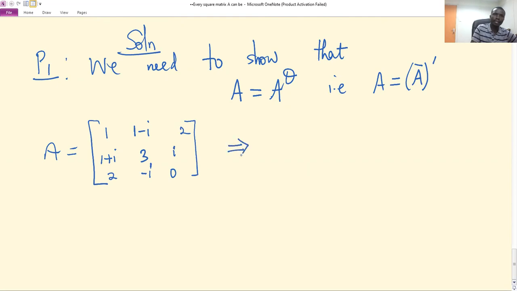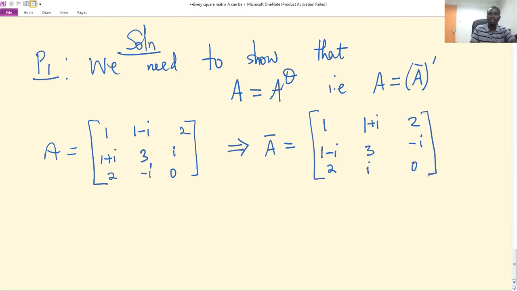Which implies that the conjugate of A will be given by 1 will be 1 plus i, 2 remains 2, 1 minus i, 3 remains 3, i will be negative i, 2 remains 2, minus i becomes i, 0 remains 0.